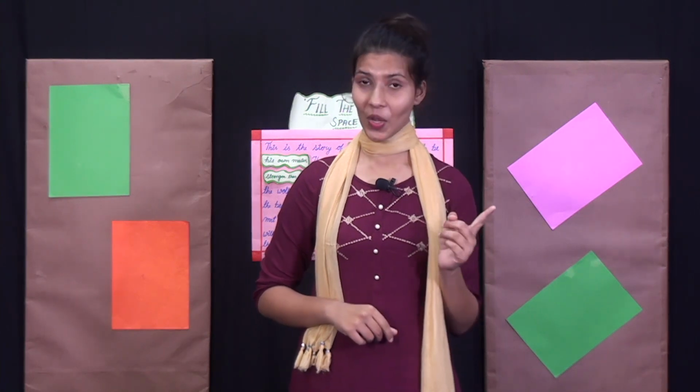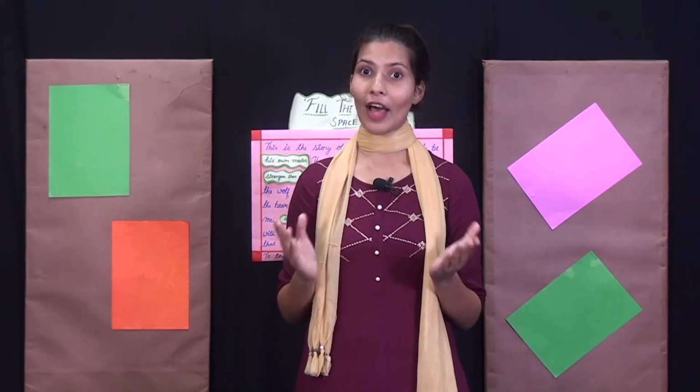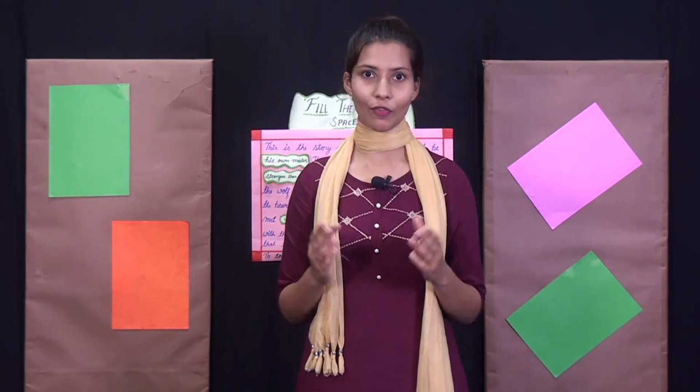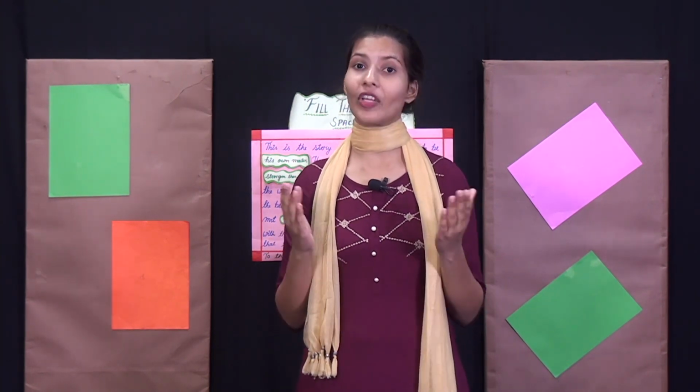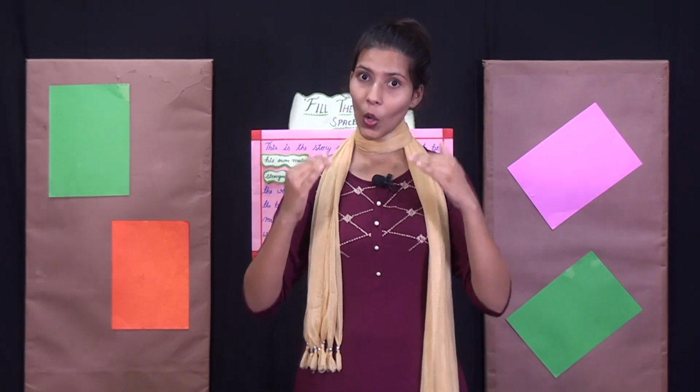So students, today we read a story based on a dog, and in the beginning we studied about the family tree of dogs. Now I ask you all to make a family tree or chart of your family members. You can paste the photographs and can write names of each family member below their photographs.